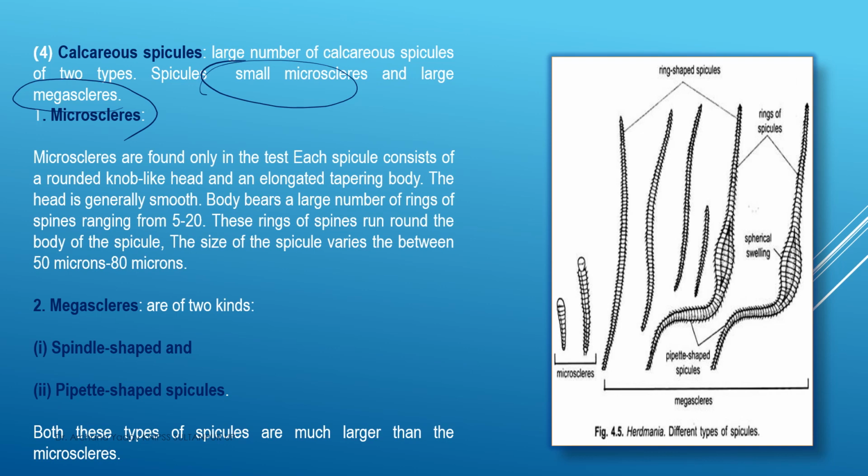Microscleres are very small, and megascleres are very large. They both are calcareous and have a definite shape.